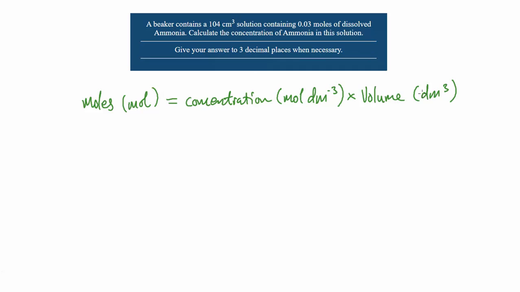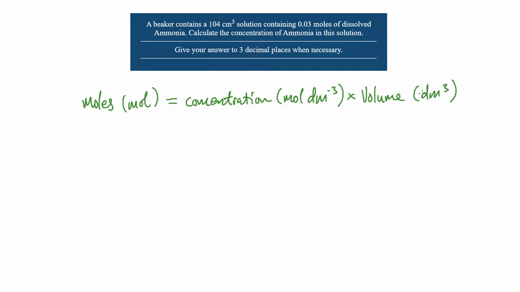What we might use the periodic table for is to work out the number of moles, to get to the concentration. However, in this particular case, we've actually been told what the moles are in the question. So we do not need the periodic table to solve this question.